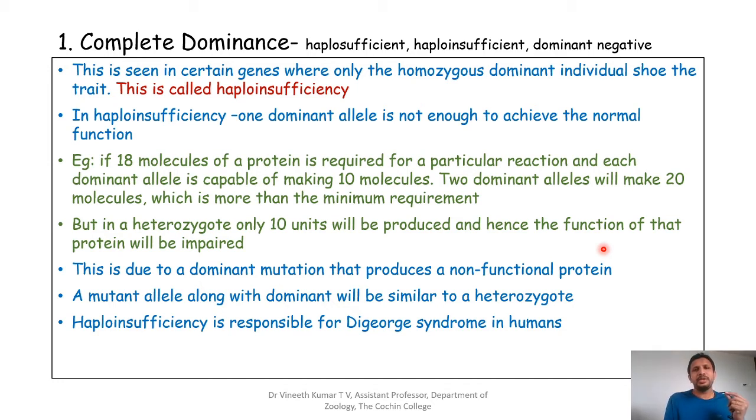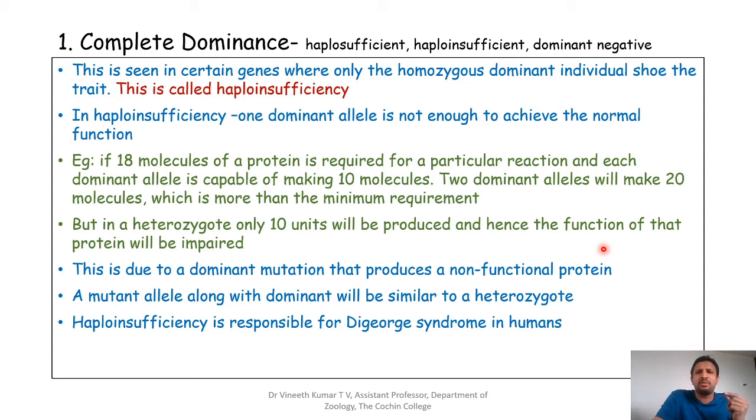So haplosufficient was the heterozygote having the capacity to produce a particular trait or character of the homozygous dominant. But in this particular case, which we are going to discuss in detail, only the homozygous dominant individual shows that particular character.